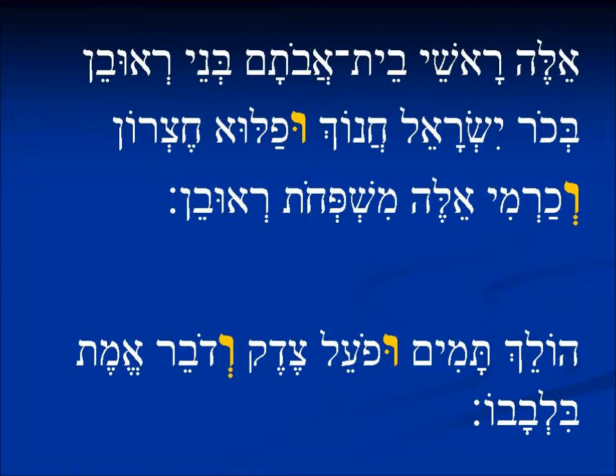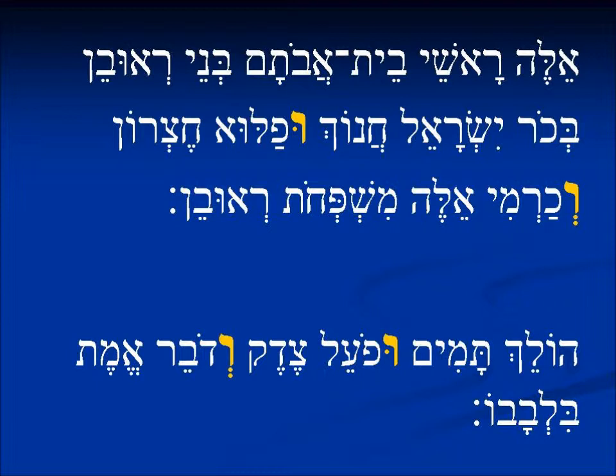Here we have some examples with the pei. Remember that the dagesh drops out. We will automatically get the sound "fe." The first scripture is from Shemot 6, verse 14, Exodus 6, verse 14. And these are some names. The name of Reuben's son, which we see as Pallu in English.